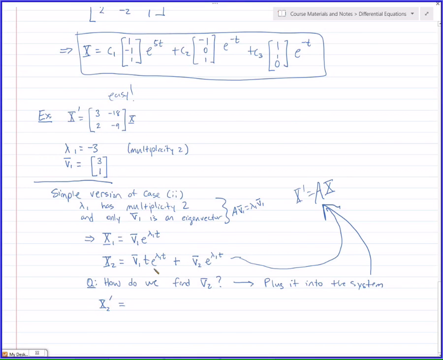Okay, so what's the derivative of t e to the lambda 1t? Use product rule. So you get first times the derivative of the second, which would be lambda 1 v1 t e to the lambda 1t, plus the second, e to the lambda 1t, times the derivative of the first, which is just v1 e to the lambda 1t.